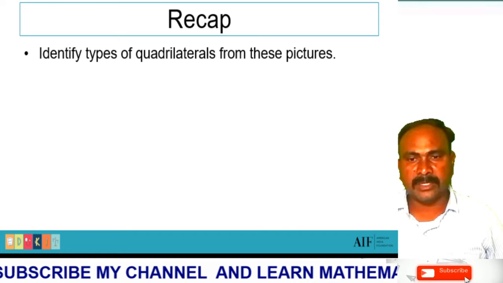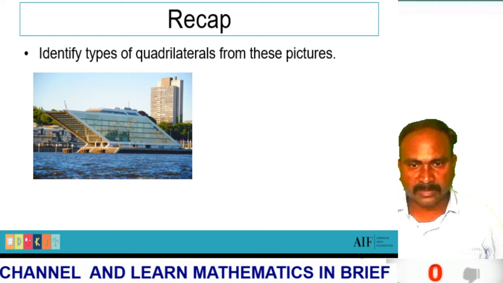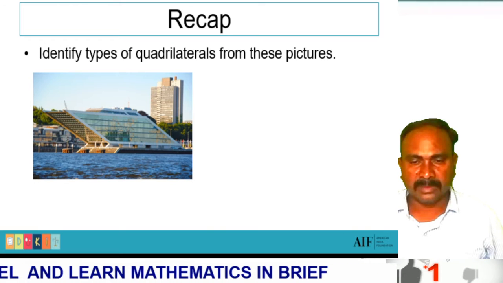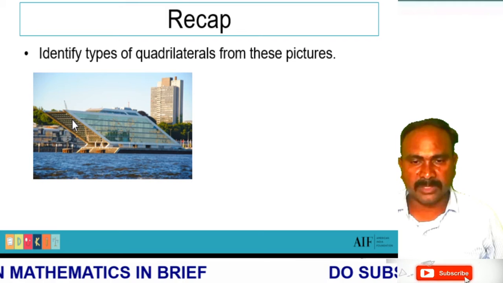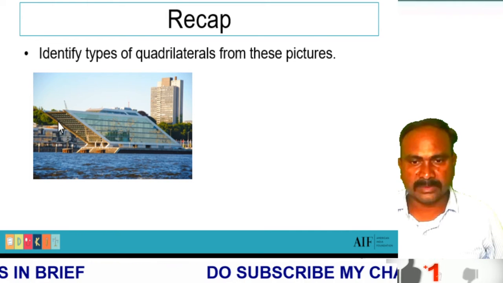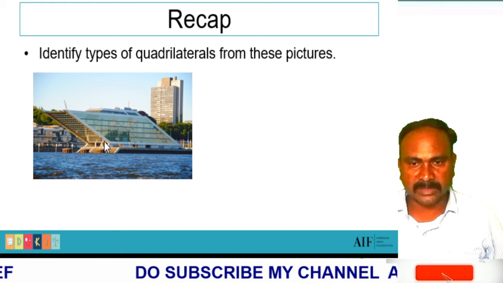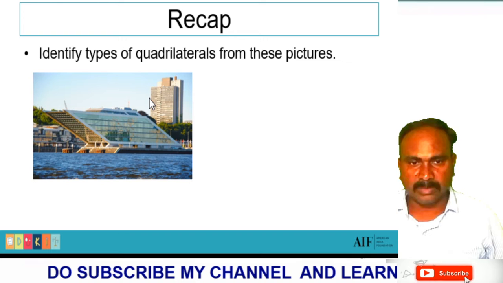Recap: identify types of quadrilaterals from these pictures. Observe this, and another one with this building.